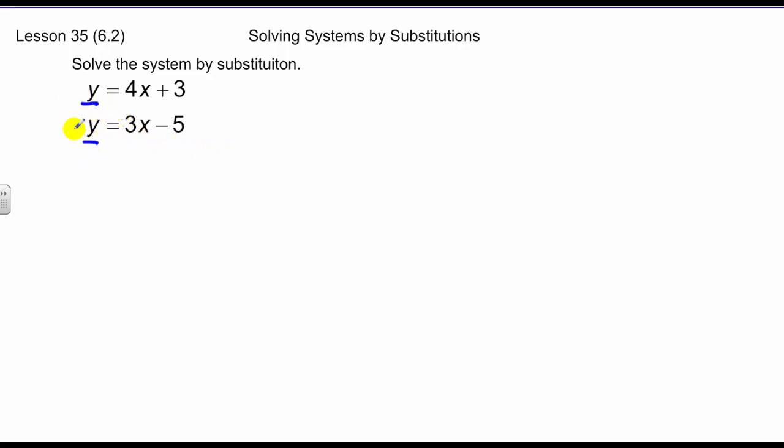So anytime we say y, we can either say 4x plus 3 or 3x minus 5. I'm going to call y equal to 3x minus 5, and every time I see a y, I'm going to shove 3x minus 5 into its place. So rather than saying y equals 4x plus 3, I'm going to say 3x minus 5 equals 4x plus 3.